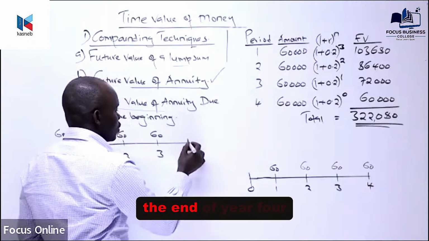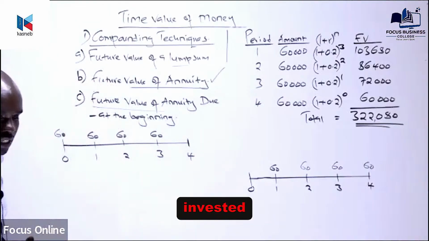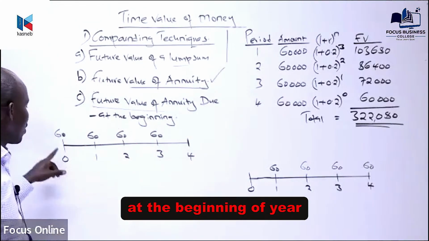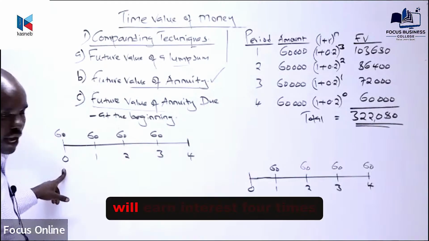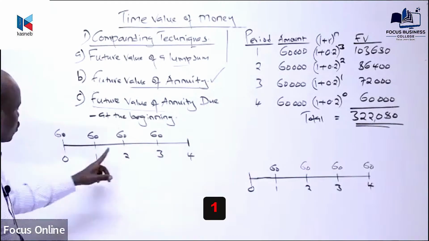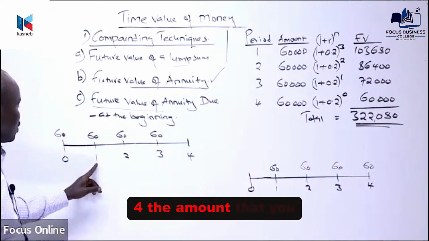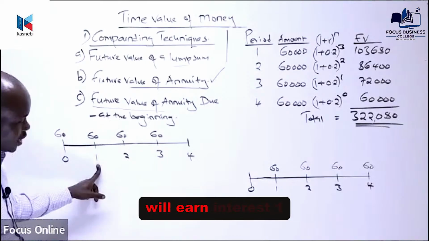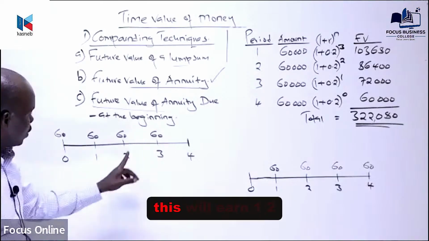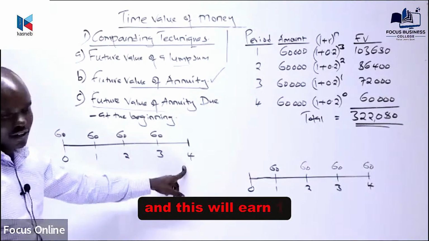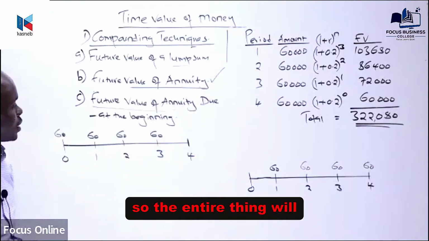So the amount that we invested at the beginning of year 1 will earn interest 4 times. The amount at the end of year 1 will earn interest 3 times, this will earn 2, and this will earn 1. So the entire thing will change there.